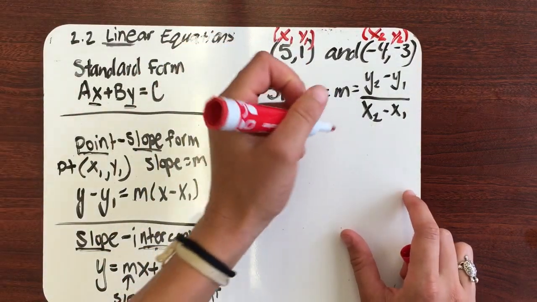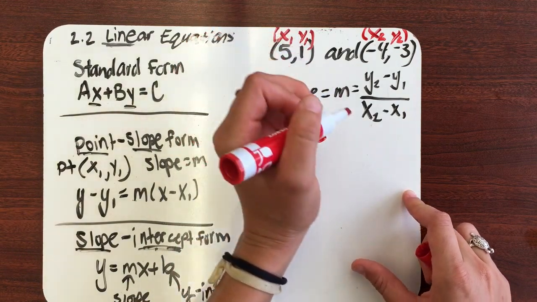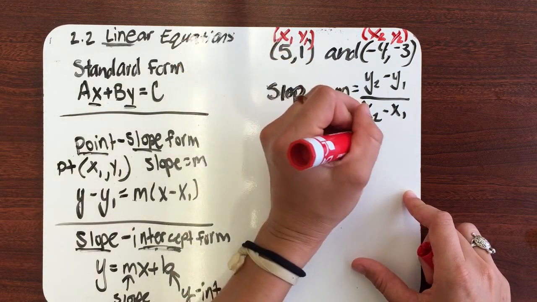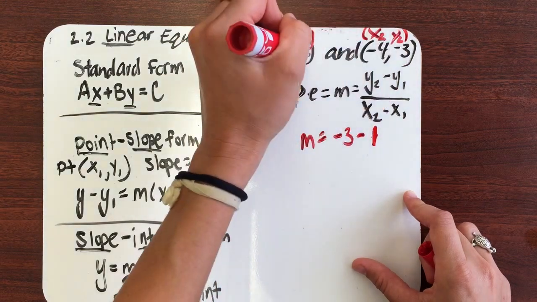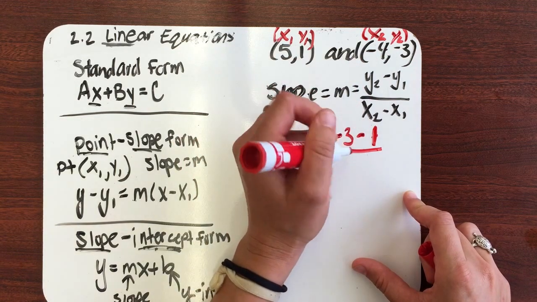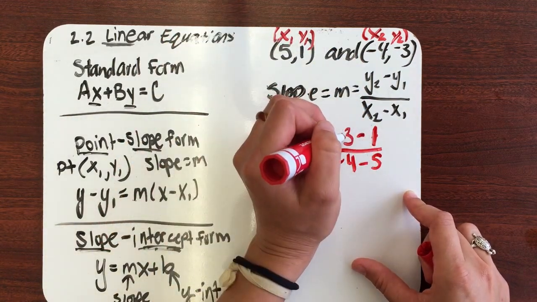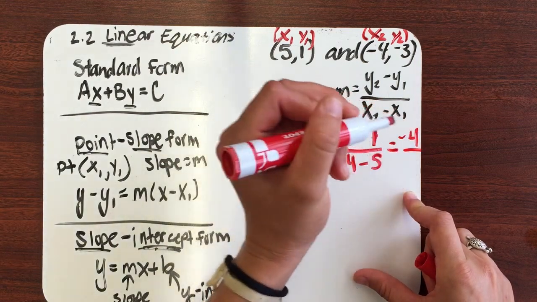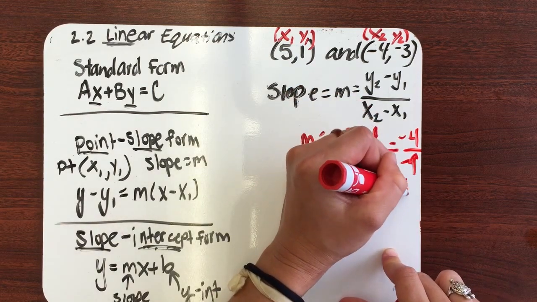So we'll just plug it into our form, and we have m equals change in y, so we'll have -3 minus 1, over, since I started with this y, I have to start with this x, -4 minus 5. So we have -3 minus 1 is -4 over -9, which is 4/9.